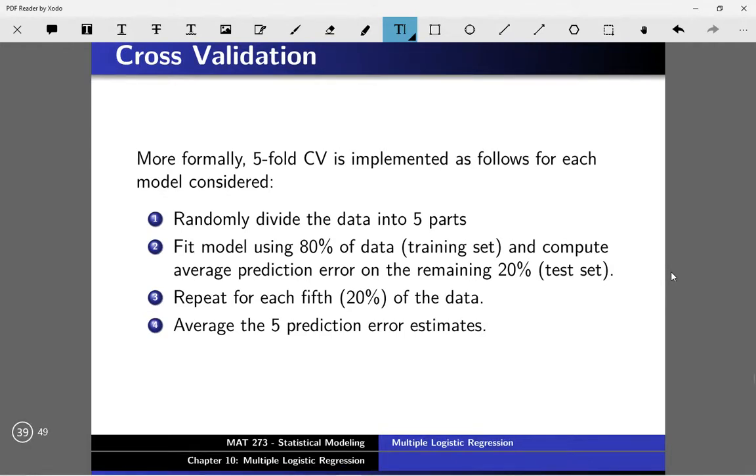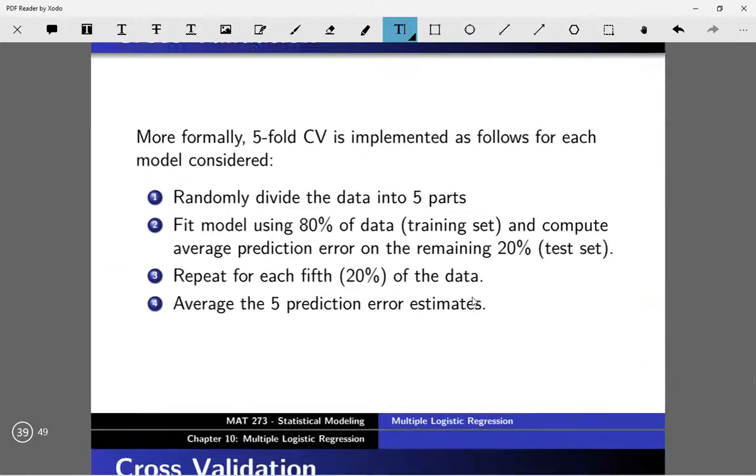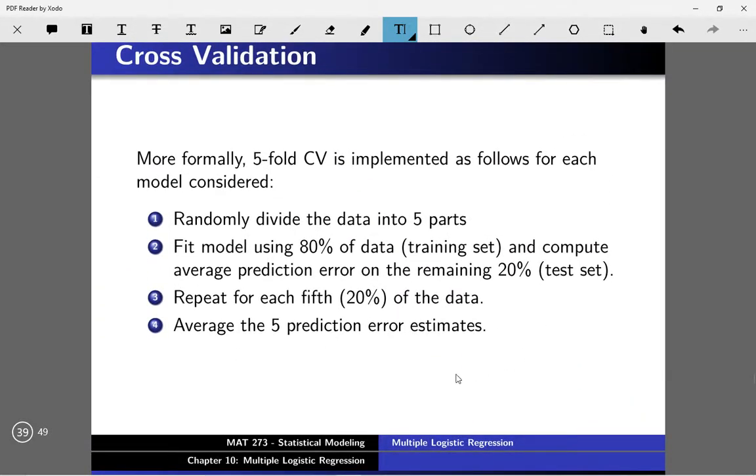You can think about how we saw this applied to multiple linear regression, where we looked at the mean squared error, our MSE, on predicting values for the responses in the test set. But now we're looking at accuracy. Then we average across those 5 accuracies to get an average accuracy on the test set. And the idea is we select the model that has the highest accuracy across these 5 test sets.